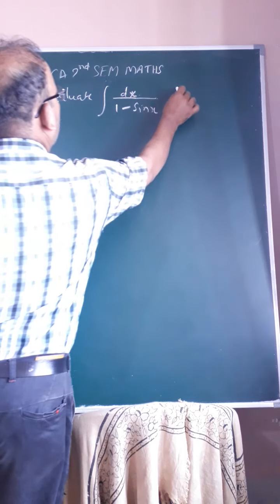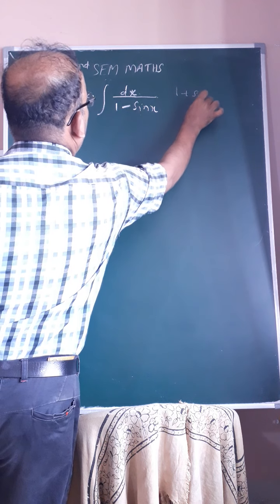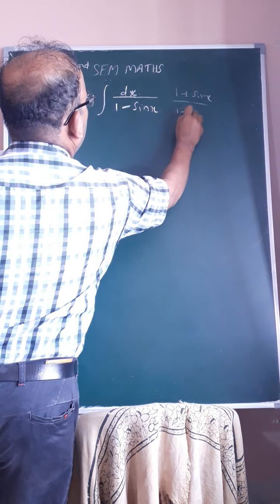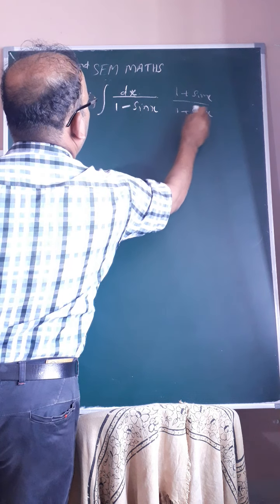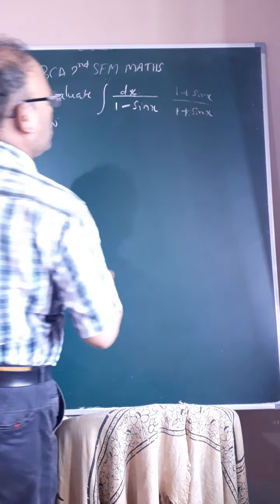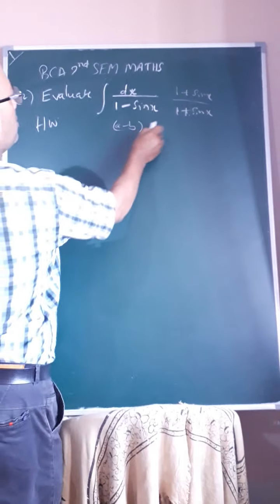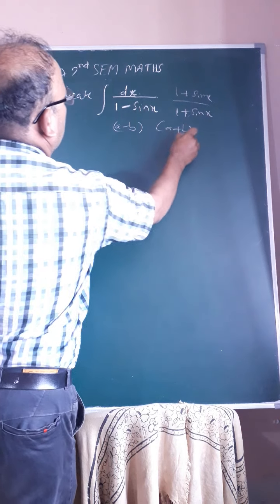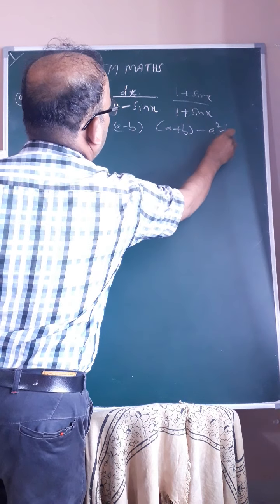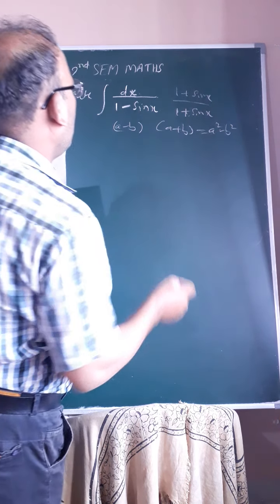And the denominator will be a minus b times a plus b, which is a square minus b square. And 1 minus sin square is cos square.